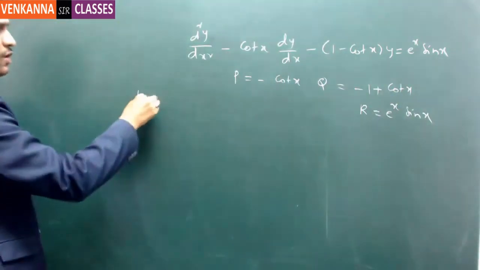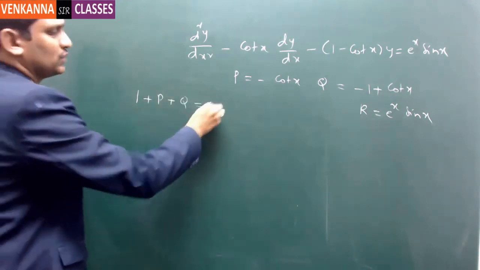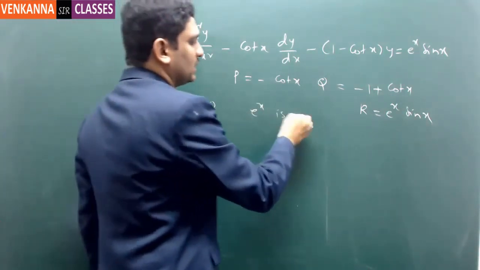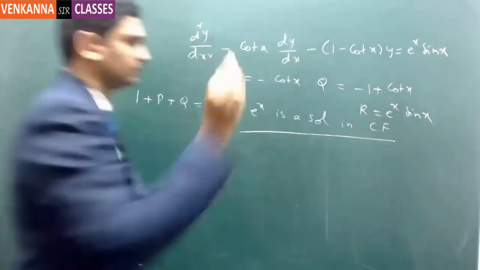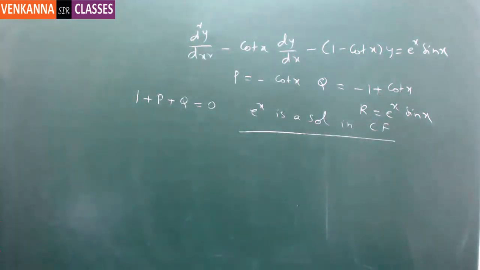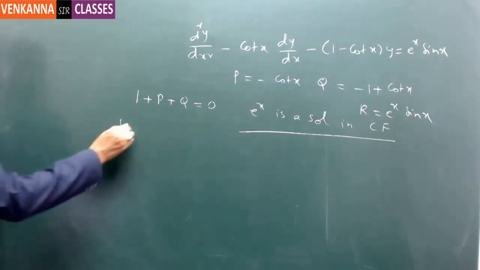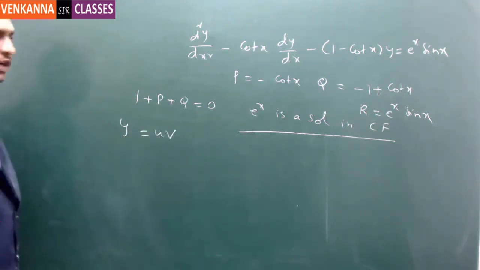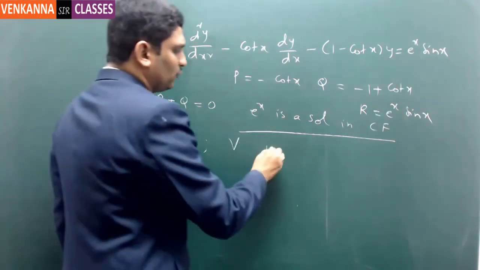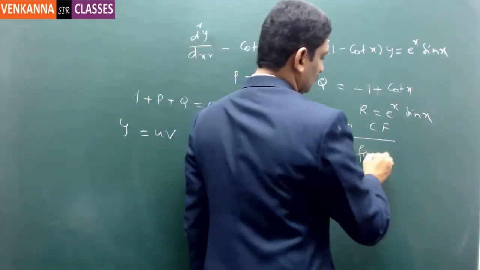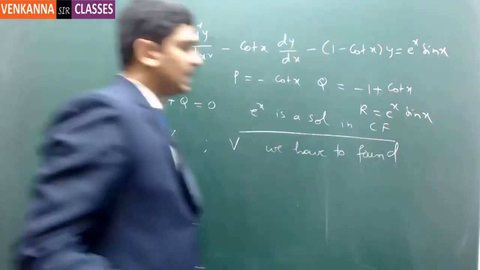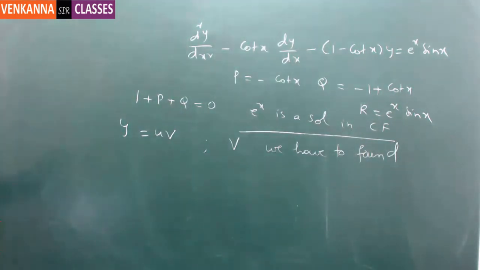So you have 1 plus p plus q equal to 0. So e power x is a solution in the complementary function. Now y is equal to uv is the general solution, where v we have to find. From the exam point of view also, you have to mention this.